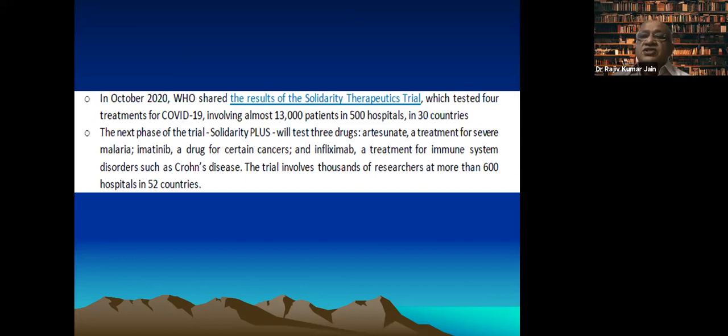Second is imatinib, which is a drug for certain cancers. And third is infliximab, a treatment for immune system disorders such as Crohn's disease. These 3 drugs will be tested now in the Solidarity Plus trial. The trial involves thousands of researchers at more than 600 hospitals in 52 countries, including India. Next slide, please.